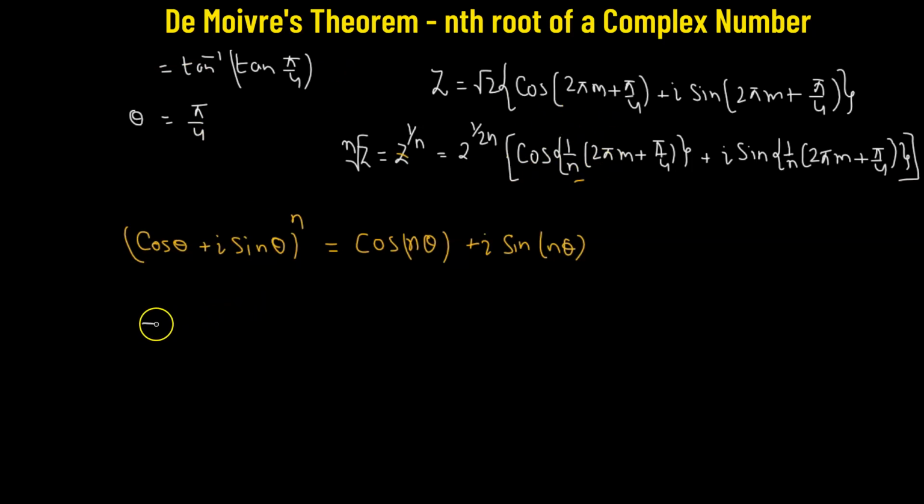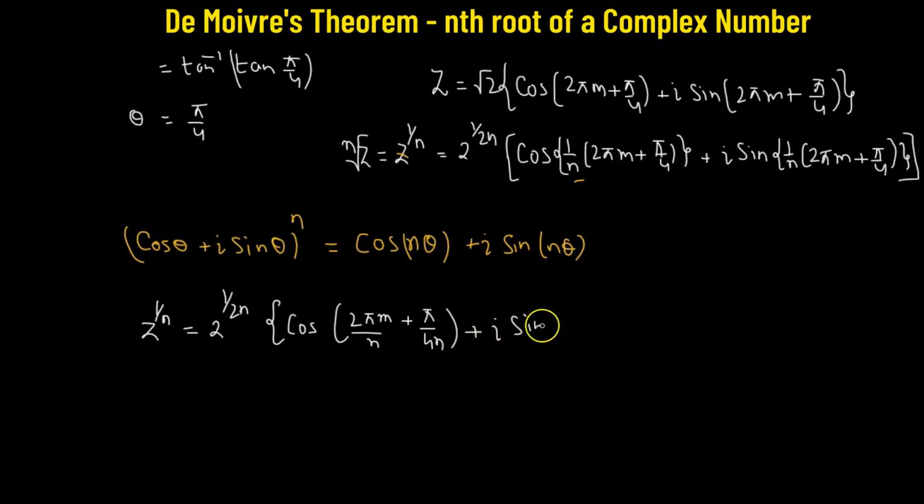The nth root of our complex number z is given by 2 raised to the power of 1 over 2n, multiplied by cosine of 2 pi m divided by n plus pi over 4n, plus iota times sine of 2 pi m divided by n plus pi over 4n. So we will use this.